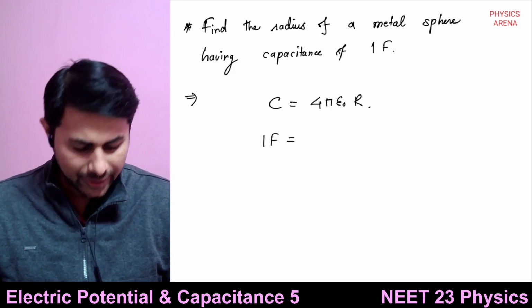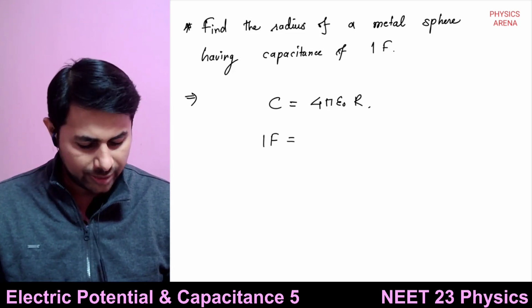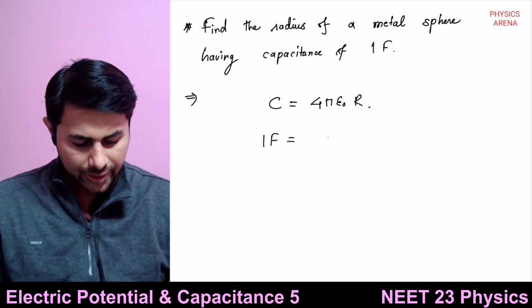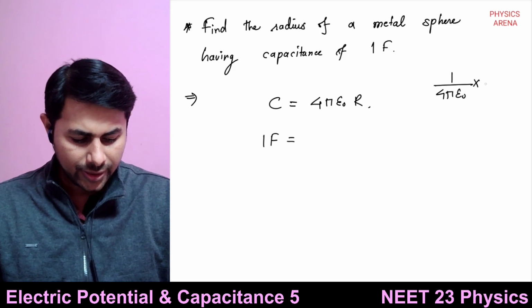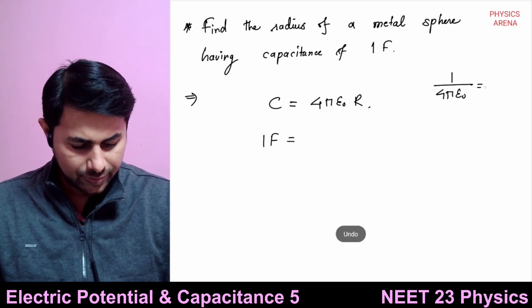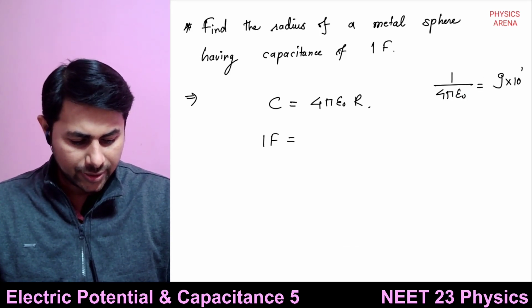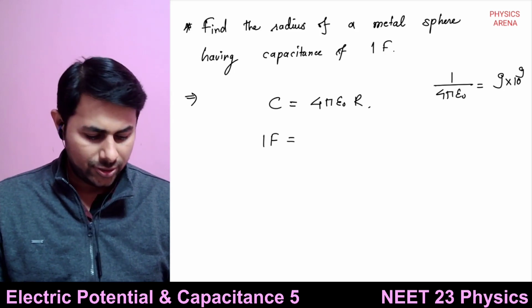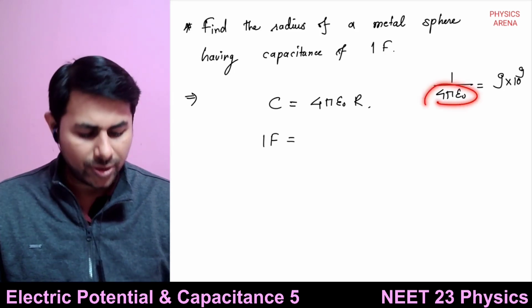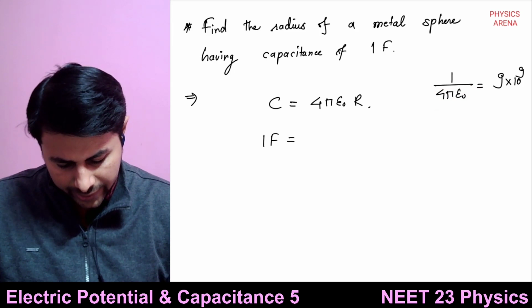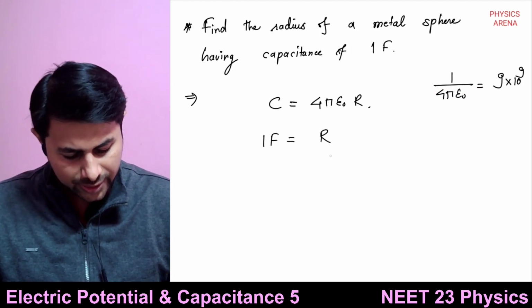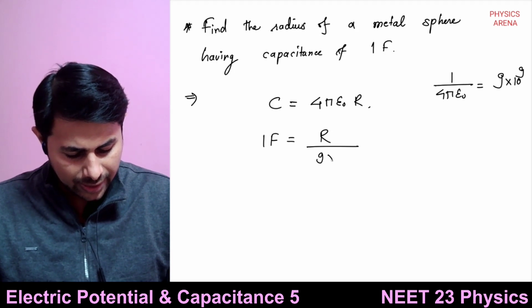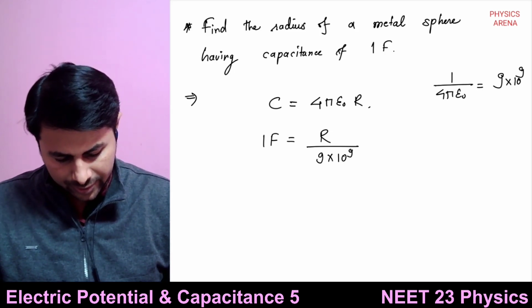So 1 farad is equal to 4 pi epsilon naught multiplied by R. We also know that 1 upon 4 pi epsilon naught is equal to 9 multiplied by 10 raised to 9. So 4 pi epsilon naught is 1 upon 9 multiplied by 10 raised to 9. So this is R divided by 9 into 10 raised to 9.